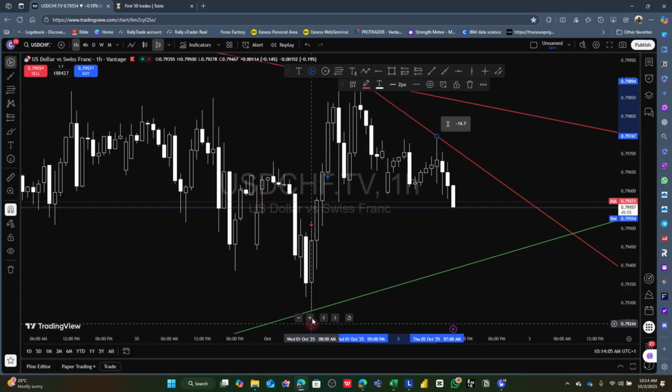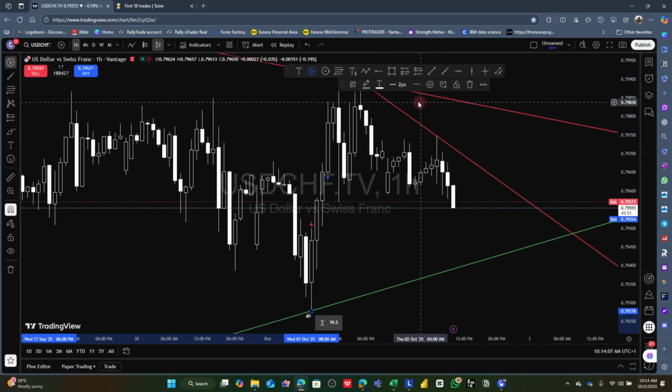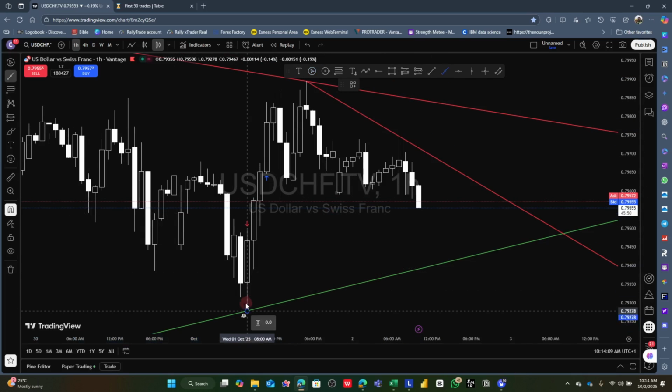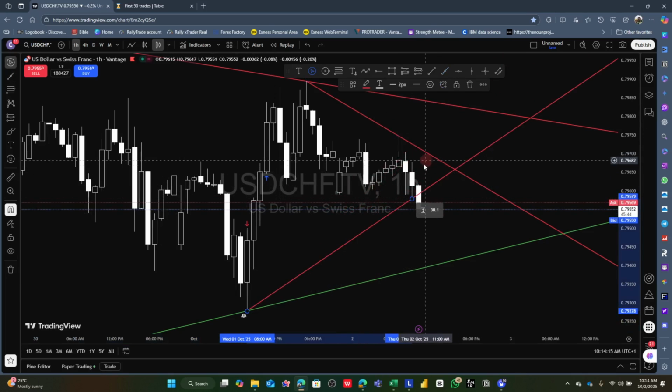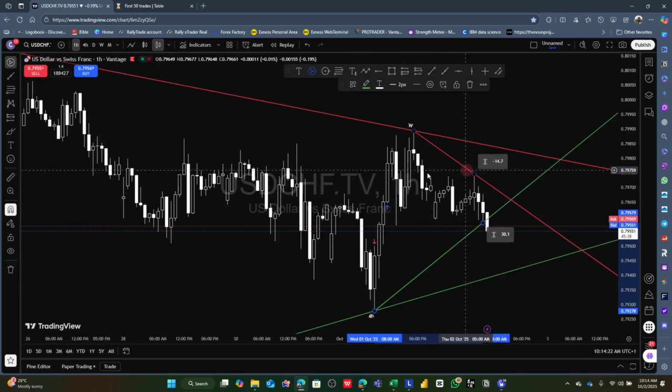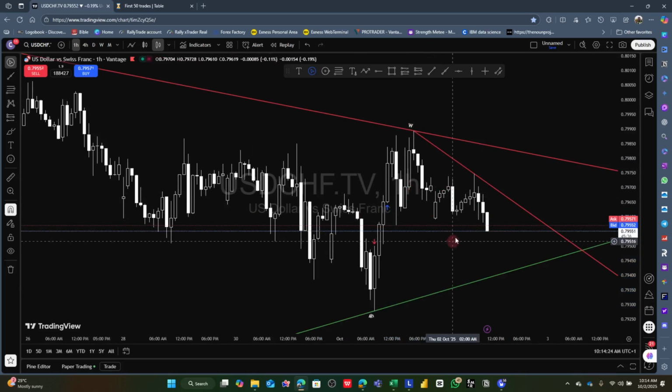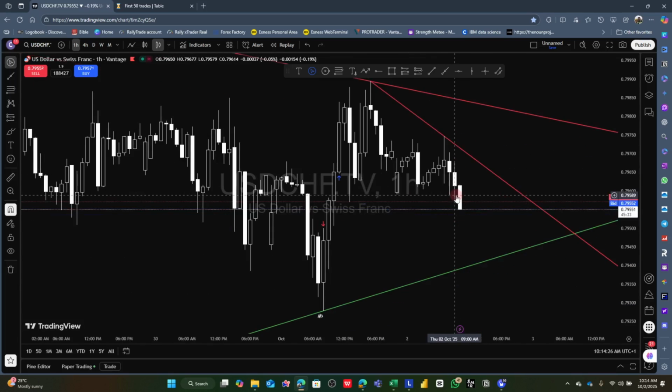Should have been in the trade here. Should have been in a trade up here. This is a good trade to take right now. It is a good trade, but I don't like it. This is breaking the rules of trend line anyway, so I'll just let it be.